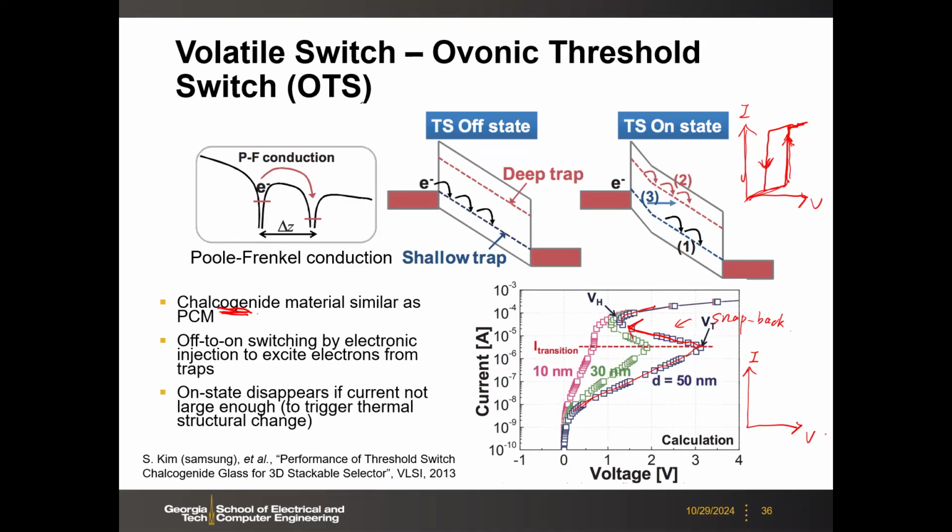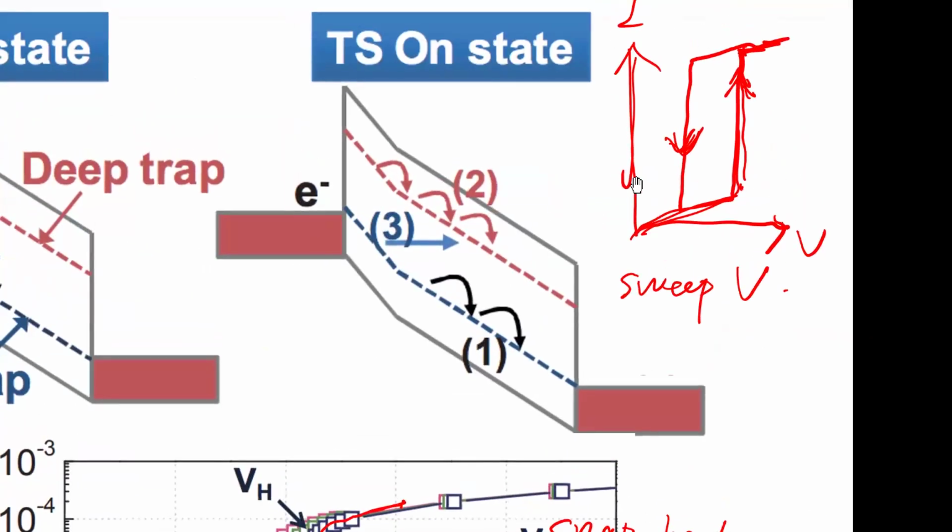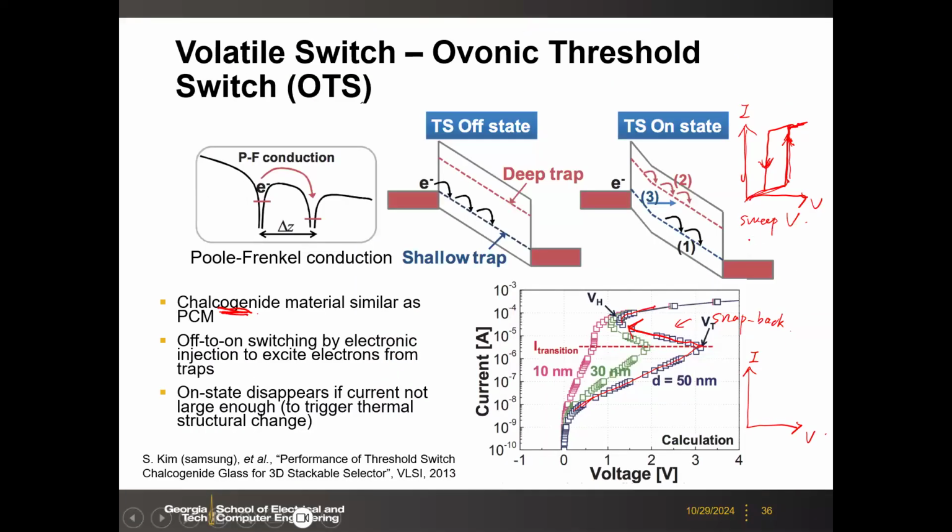The reason you got this kind of IV is because you sweep voltage and measure current. So that's why your voltage is continuous. You force the voltage to ramp up, and you measure the current. So your current will jump. In this other measurement, you use a current source to sweep the current and measure the voltage.